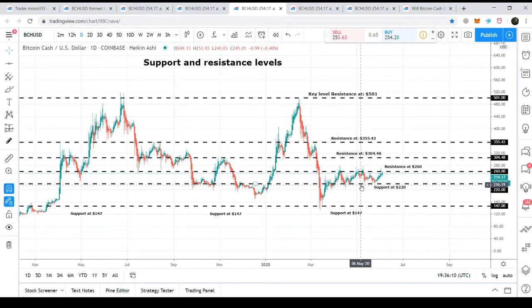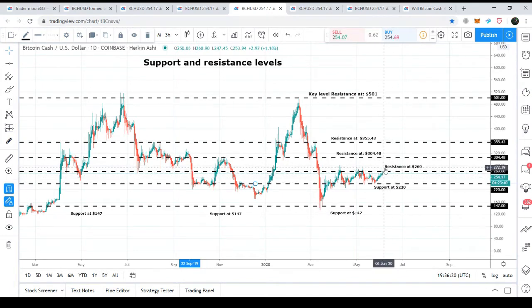So this is a very perfect and firm support of $220 just below the price action, and this is also a very firm resistance for the price line at $260. Once this resistance level is broken out, then we have the next resistance level at $304, then $355, and the final and key resistance level would be at $501.